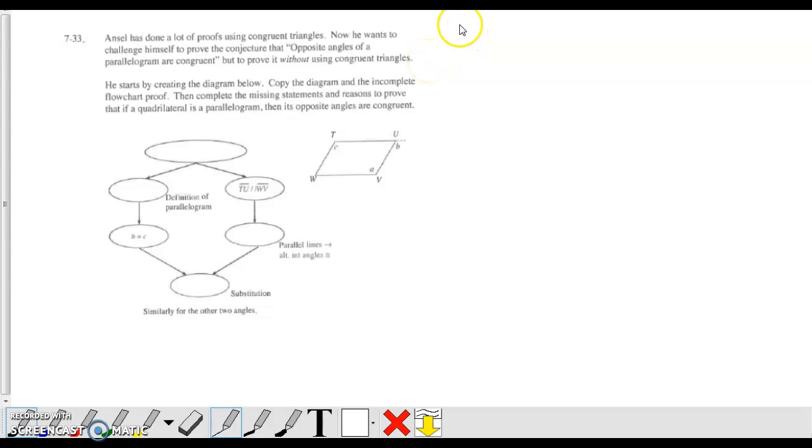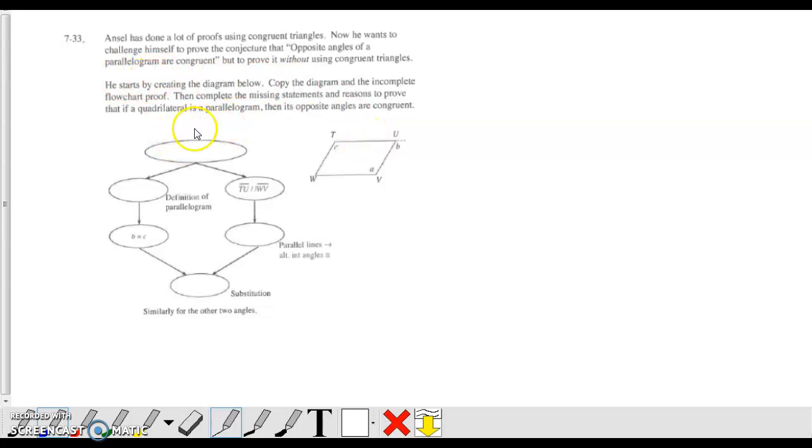All right. So hopefully we've copied the flowchart into our notebooks. Let's look for some context clues. What's the first thing that he started off with? He's starting off that this is a parallelogram.